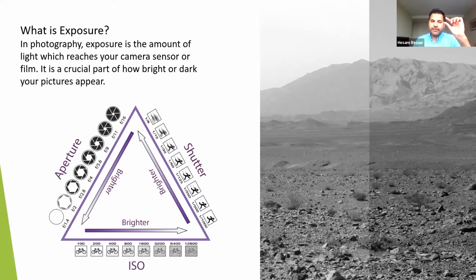So aperture is a small hole that could be wide open or closed, and it lets light come to the camera. Shutter is like a door, opening and closing, like a gate for the light. And ISO is the sensitivity, how sensitive our sensor is.